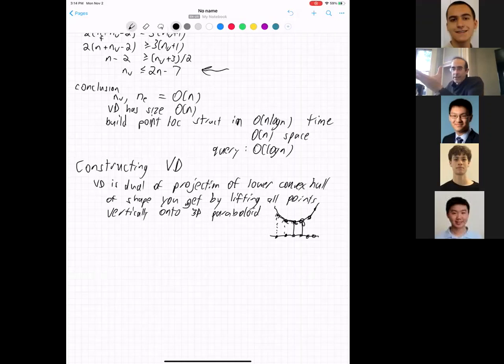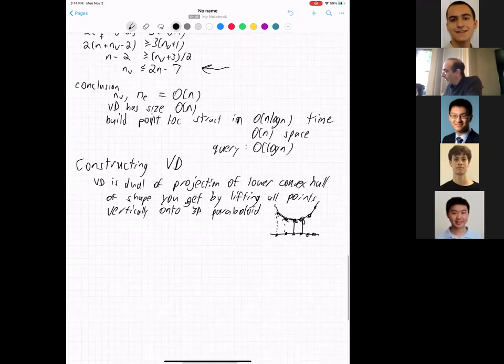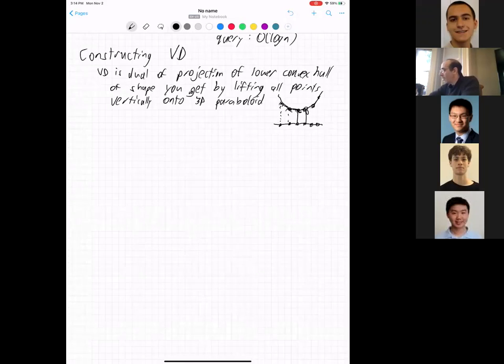That would give us a 3D geometric solid. And then we would project that solid back onto the plane, and the lines of that solid would be the Voronoi diagram lines. So that shows that you can solve the Voronoi diagram problem by solving convex hull in 3D. Which is not useful because I haven't shown you how to solve convex hull in 3D.